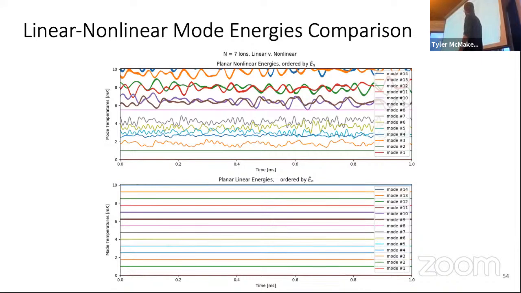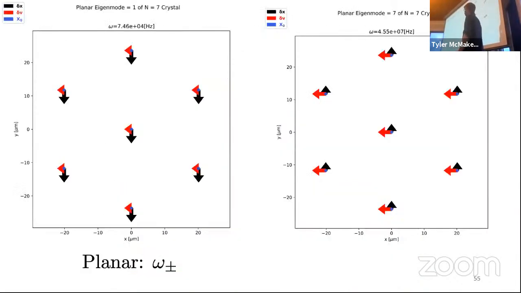This is kind of a fun demonstration, but I can initialize each of these modes with a different energy. In the linear simulation, their energies never change. In the nonlinear simulation, you can see there's very complicated things happening that might make it difficult to understand your laser cooling process. But importantly, there's two straight lines. Those are actually related to center of mass modes, where the whole crystal is moving. Each ion is basically living in its own Penning trap.